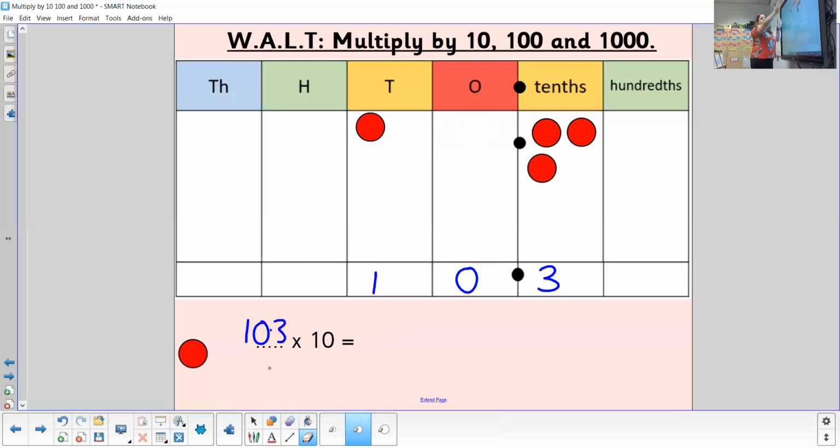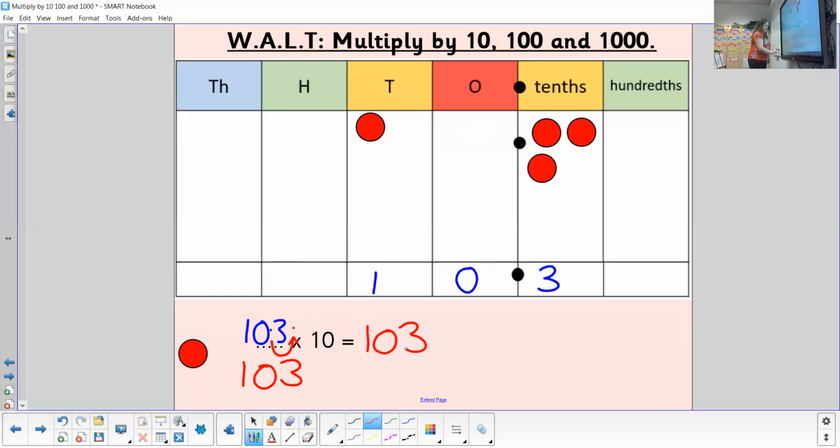I'm going to imagine them all moving up. I'm getting quite good at this now, so I don't actually need to do my moving up. What I'm going to do is my cheat method. So I'm going to move that point there. That point has moved from there. So I've got 1, 0, 3 is my answer.